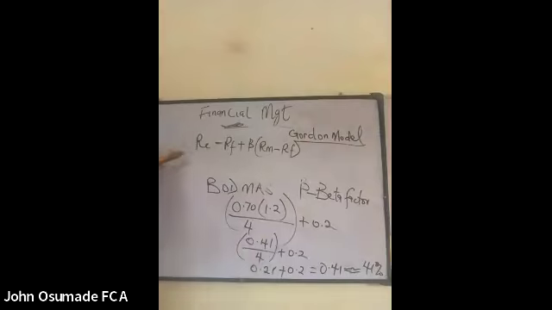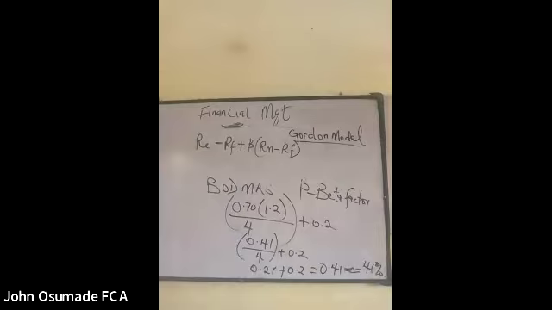This is to calculate the cost of equity. It's also to calculate the return on equity. So ROE is also stated as KE. Whenever you want to use it, if you are getting ROE, you put ROE. If you are getting KE, you put KE. Be aware that KE and ROE are the same thing.